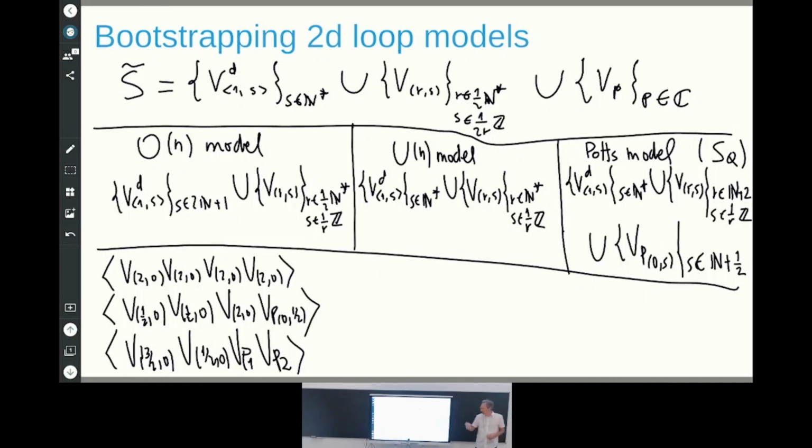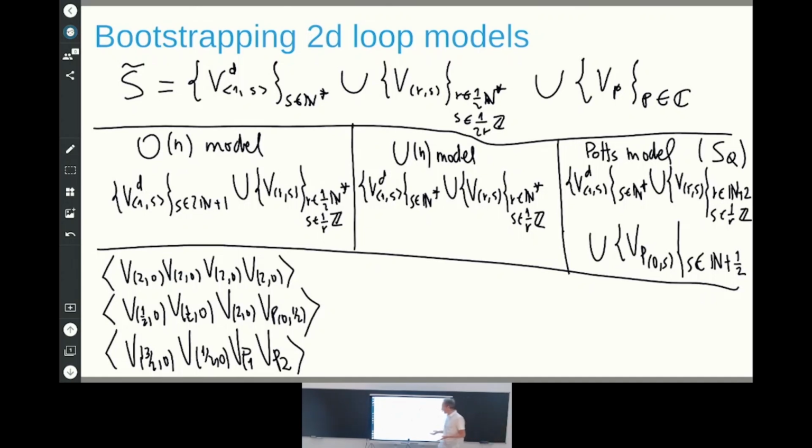Okay, so the reason why these models look so similar in 2 dimensions is because all of them can be formulated in terms of ensembles of non-intersecting loops, as I will soon explain. And so it's not just the spectrums which look similar, it is the correlation functions.